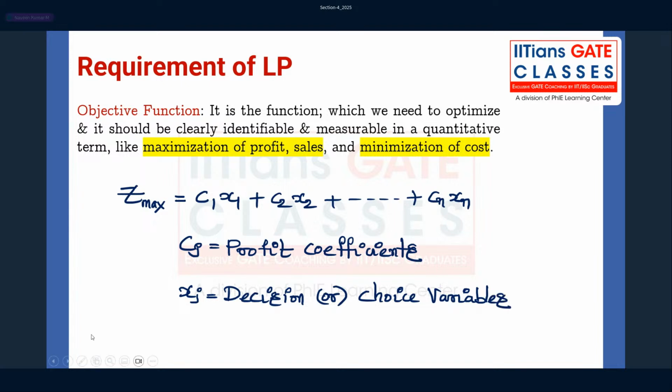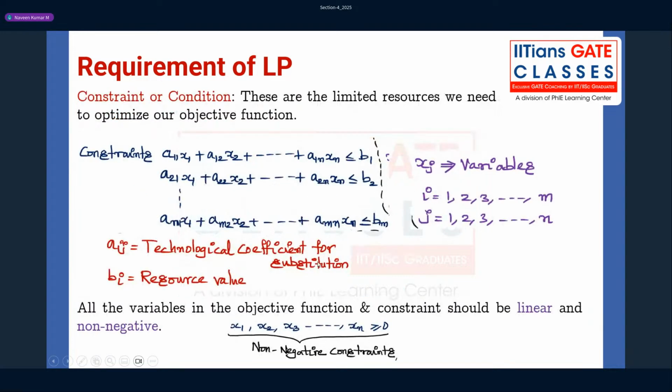In the same way, constraints can be written as a11 x1 plus a12 x2 plus so on till a1n xn. This is a generic representation of a requirement of a linear programming problem. These a's are technological coefficients for substitution, in the sense of what resource values are available, and x1, x2, x3 and so on are choice variables.